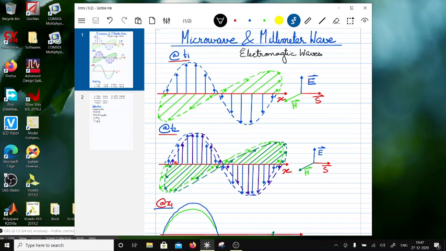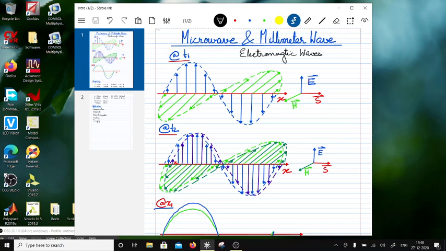They are orthogonal to each other and orthogonal to the direction of propagation. These kinds of waves are known as transverse electromagnetic waves, or TEM waves. Most of the free space propagation, without involving any reflectors, charges or any boundary, is a transverse electromagnetic wave. That's the natural way of propagation.